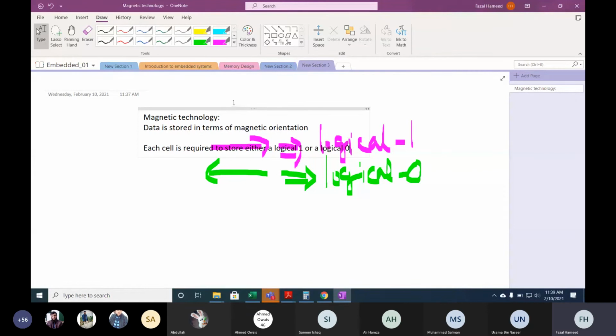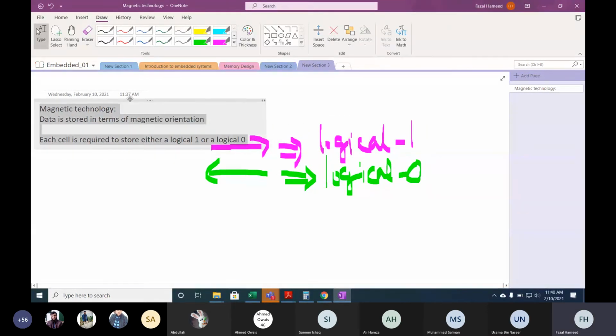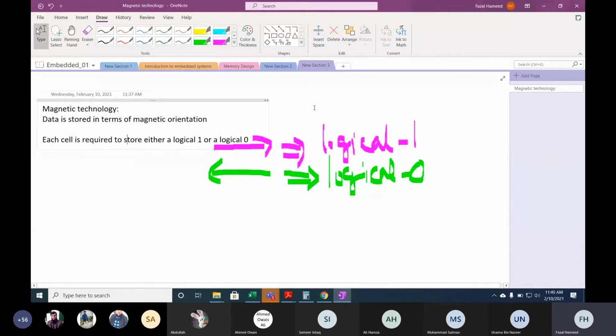Am I right or not? Yes, sir. Each cell is required to store either a logical 1 or a logical 0.